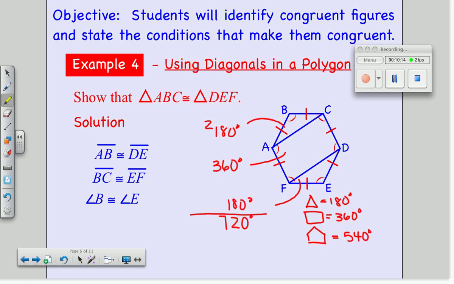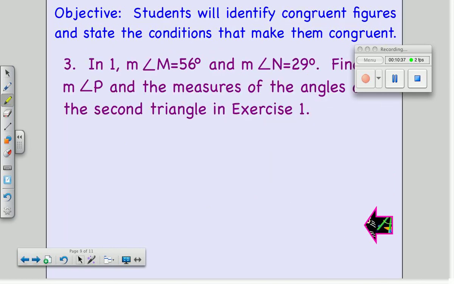Now we know hexagons. One, two, three, four, five, six. Are 720 degrees. So we're learning all the measures that all these shapes have to have. Okay? And this is going to be important for finding missing angles. All right?